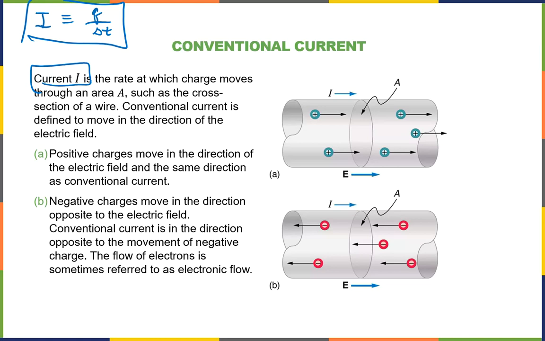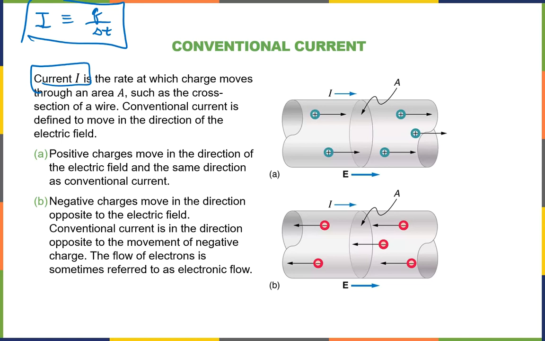Ben Franklin just arbitrarily decided, let's call whatever is on the amber, or Greek word electron, a negative charge. And so it turns out electrons have a negative charge. We're down with that. But as we've learned about conductors and insulators, it's electrons that move. So negative charge is what's moving.